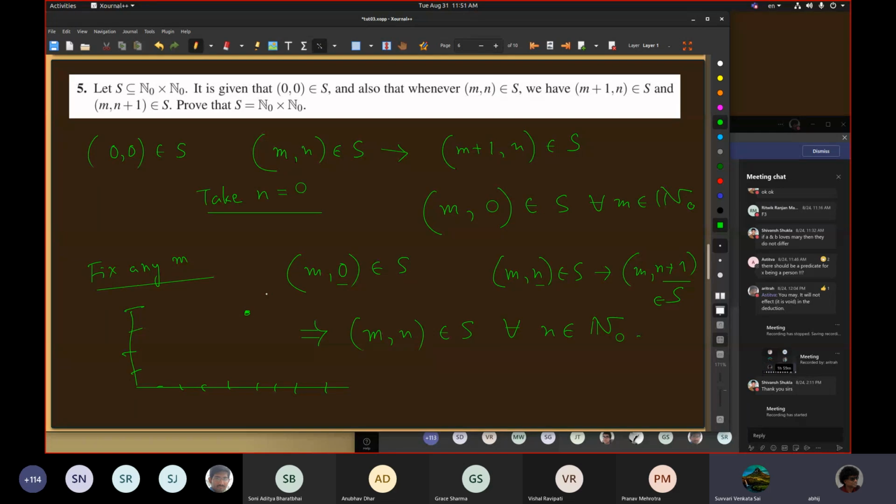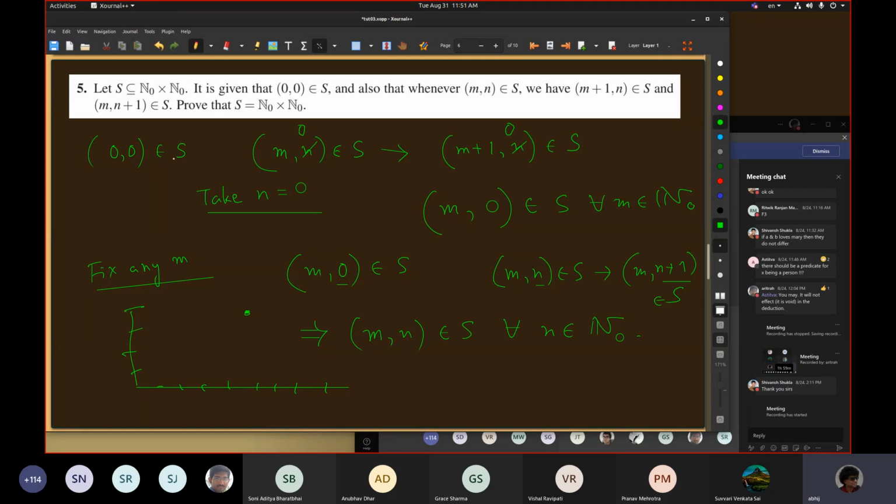Why did you take n equal to 0? This is for beginning the induction on the second coordinate. I take n equal to 0. Just write 0 here, 0 here. This is by this thing.